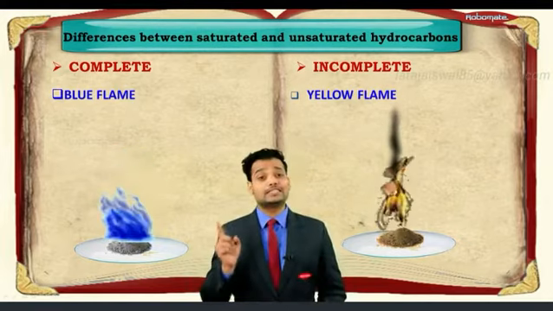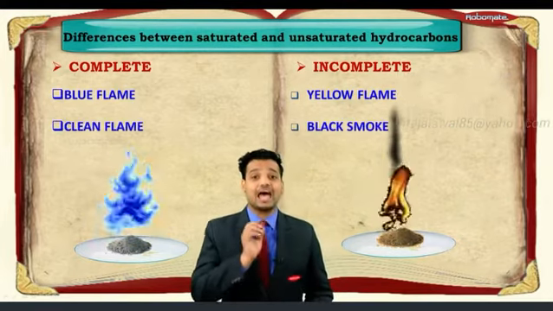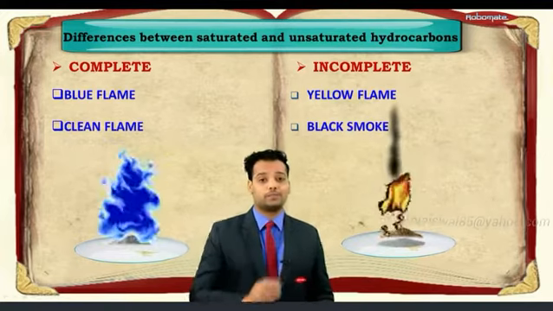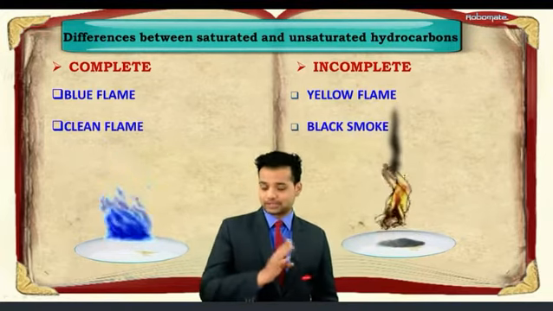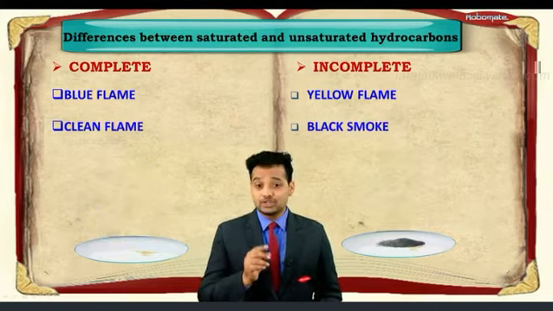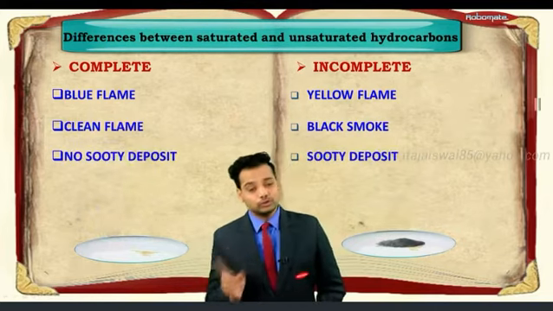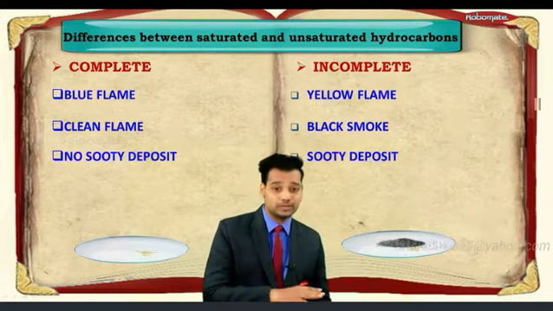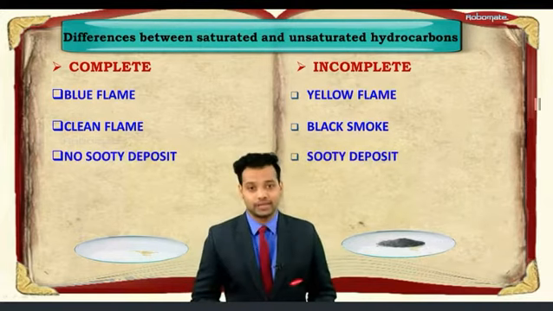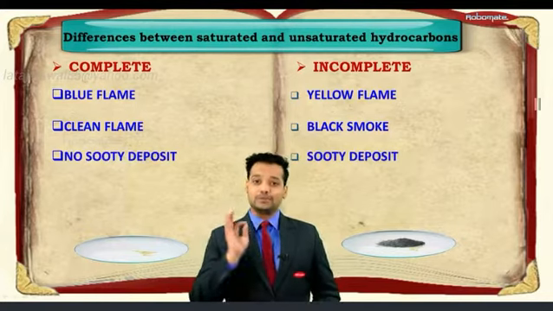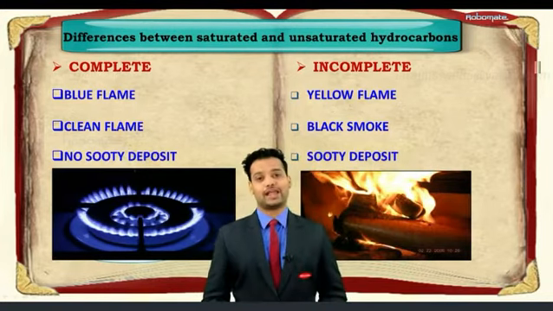Also, you'll see that this is a clean flame, whereas this has a little bit of black smoke coming out of it. So clean flame, black smoke. What is the residue? Can you see a black residue was found? So no sooty deposit, and there is a sooty deposit. That is why we call it an incomplete combustion. So this is the difference between a saturated and unsaturated hydrocarbon.